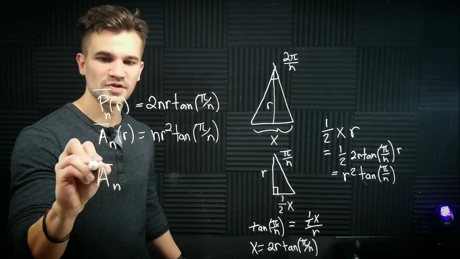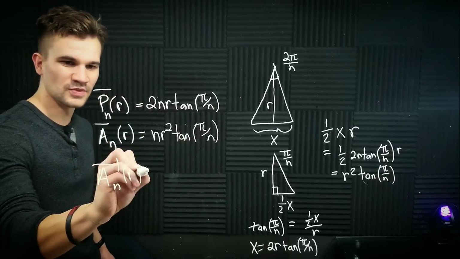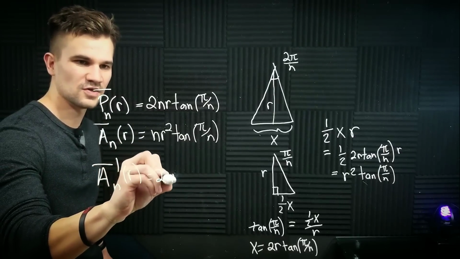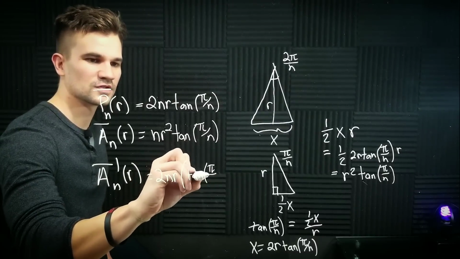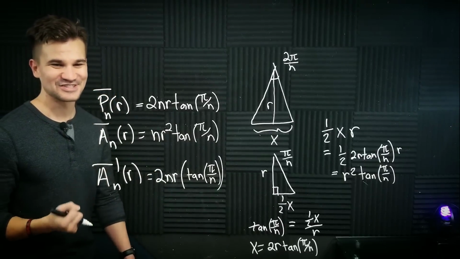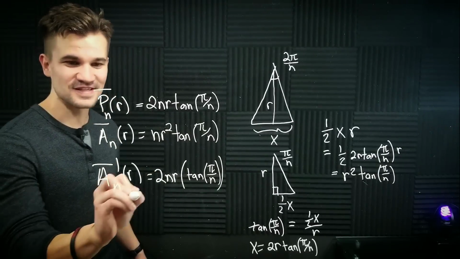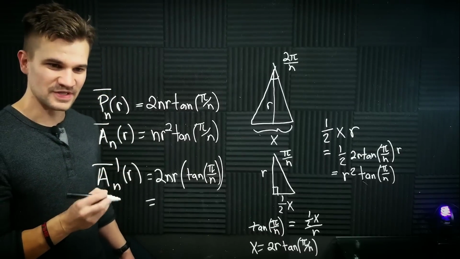A sub n bar prime of r is a quick power rule, so we get 2nr tangent of pi over n. I don't know why I put those parentheses, but it's too late. We're committed. This is precisely p bar sub n of r.